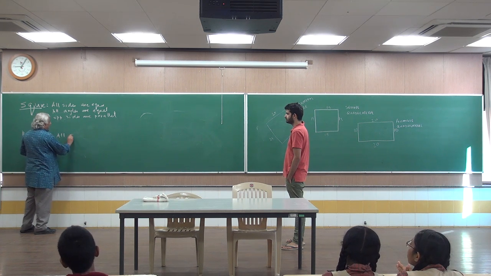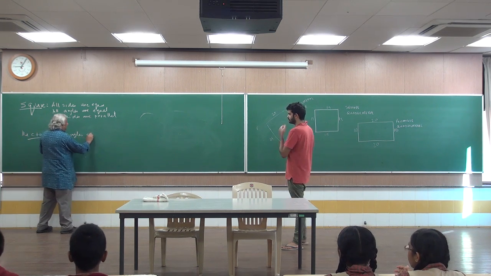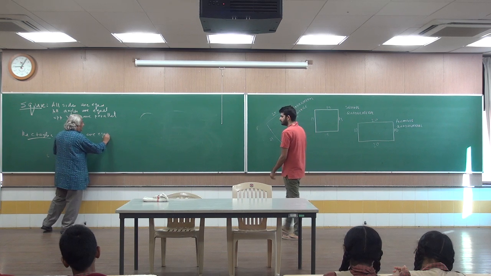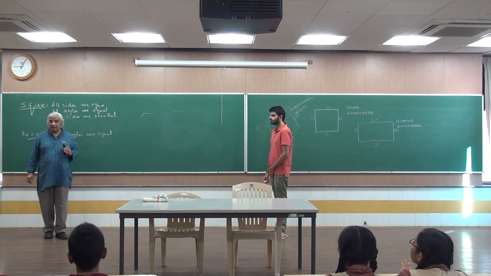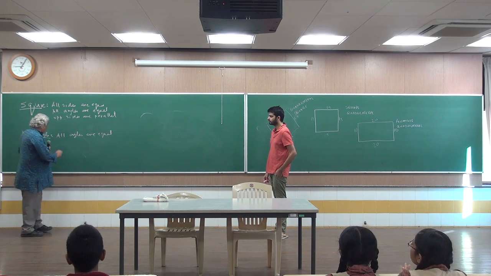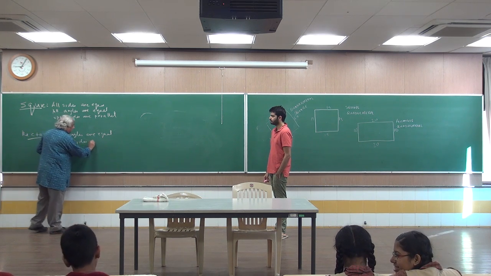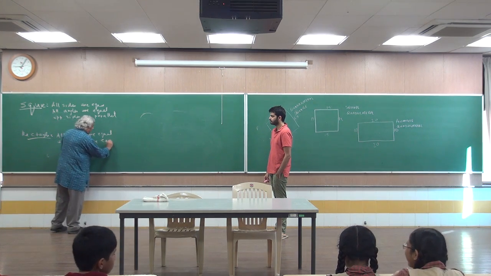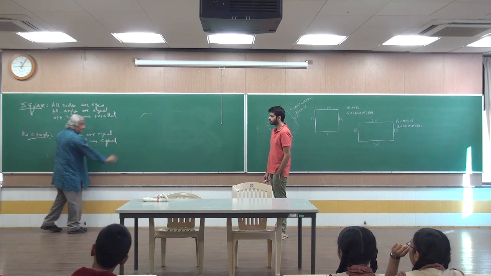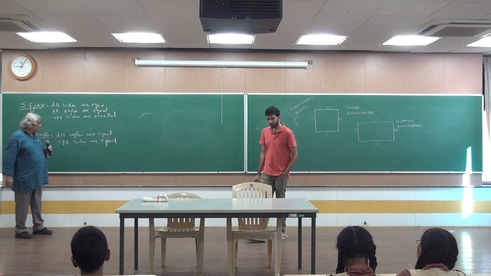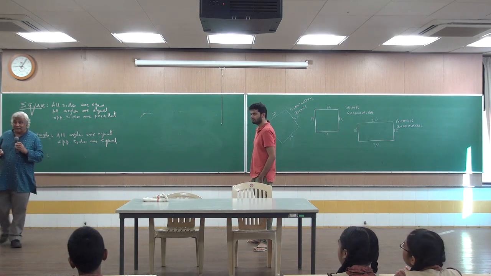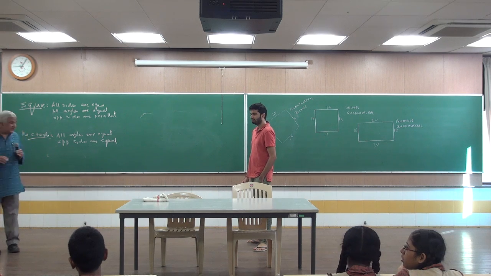All angles are 90 degrees. Angles are equal. Opposite sides are equal. That's it. That's all that is needed. Opposite sides are parallel.